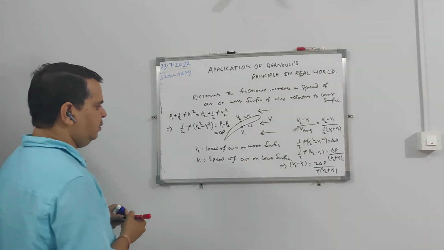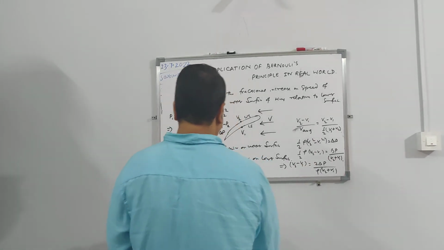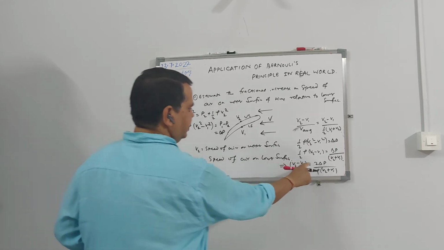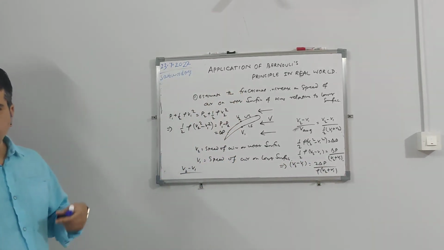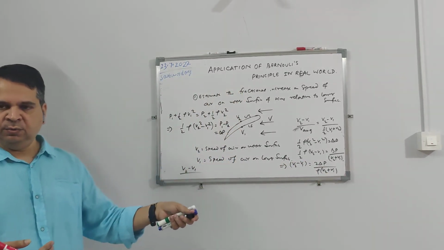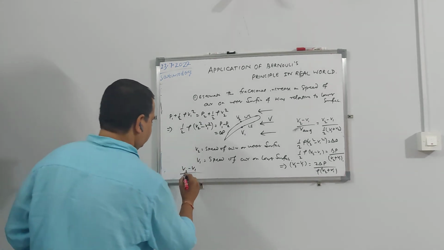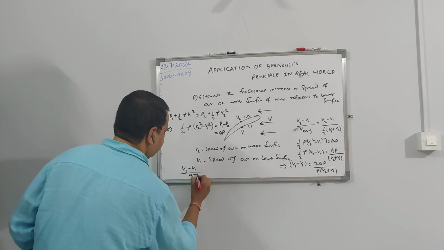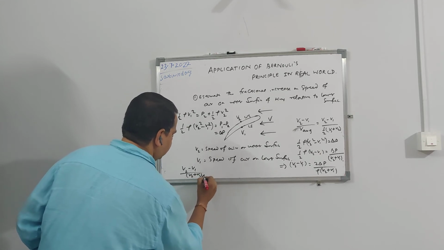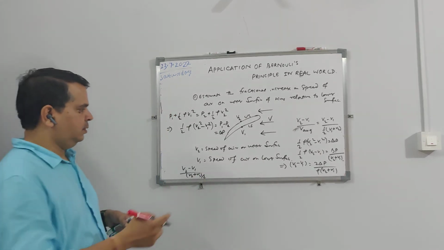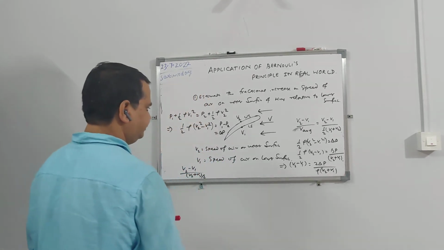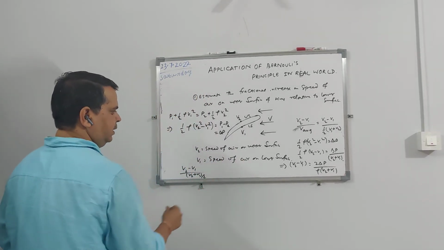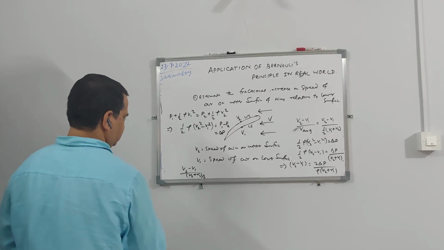Now V2 minus V1 divided by this half, if it goes down, will become V2 plus V1 by 2, which is nothing but V2 plus V1 by 2, right? This term.